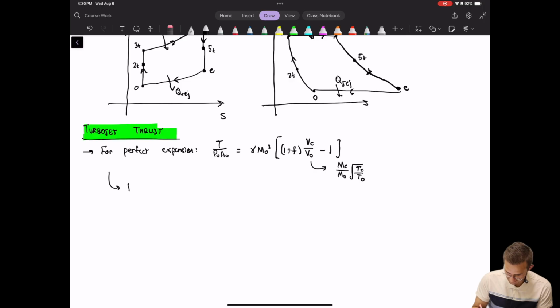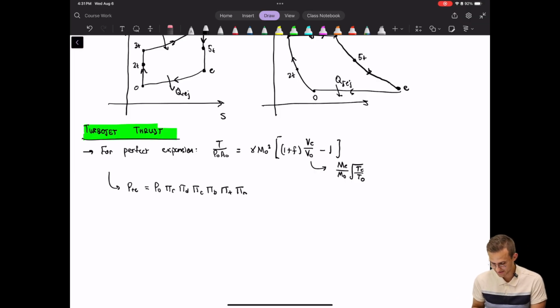We can write PTE as P naught times pi R times pi D times pi C times pi B times pi T times pi N. Okay, so that's your stagnation pressure drop across the reference ratio, then the diffuser, the compressor, the burner, the turbine, and the nozzle.